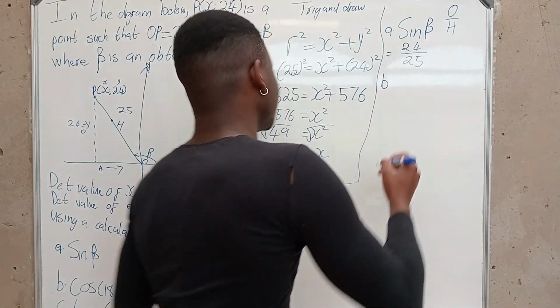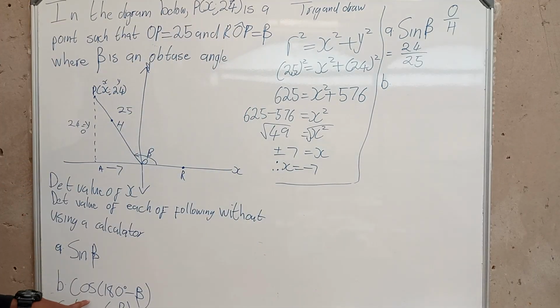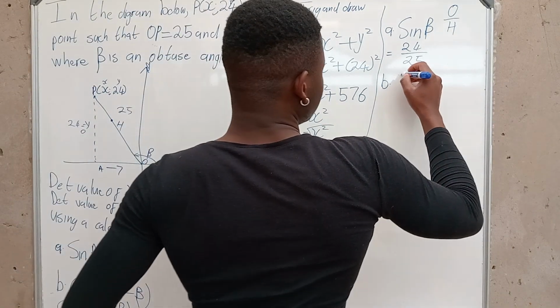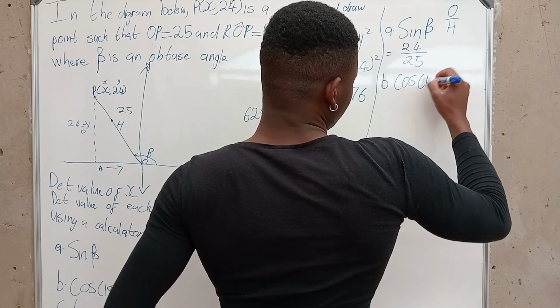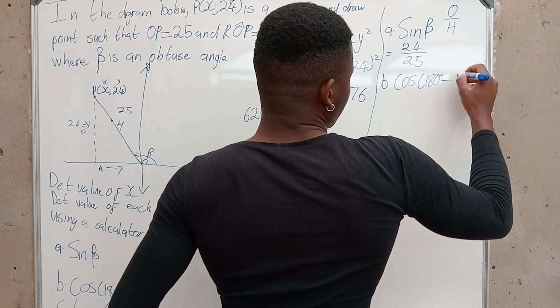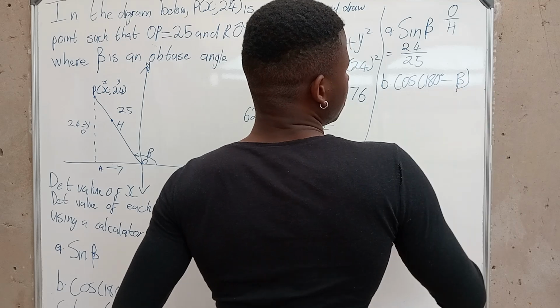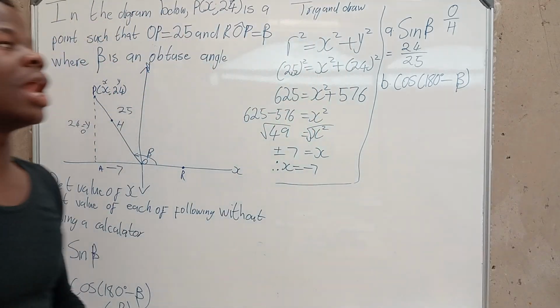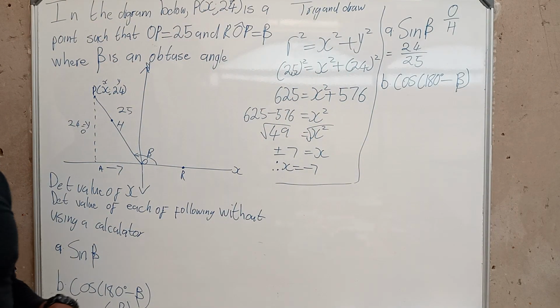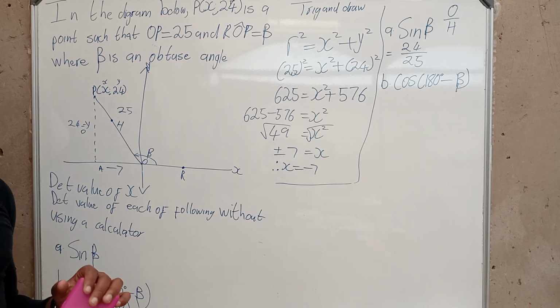And then we go to the next question. On the next question, it says cos of (180 degrees minus beta). Now we are in a little bit complicated situation, but it doesn't matter.